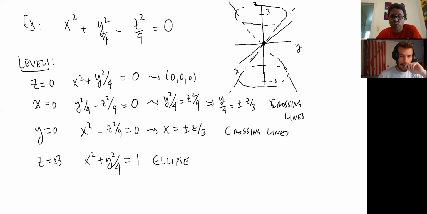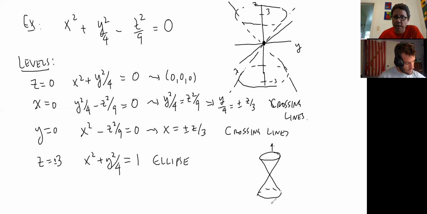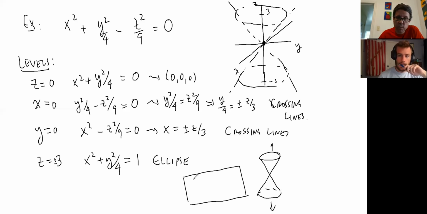Honestly, that's basically enough to see what's going on. If I tried to draw these other crossing lines, they come out of the board and go into the board. So really what we've created is this shape, and again, it's infinite in both directions. This here is our double cone, and if we want to be precise, we can call it a double elliptical cone.